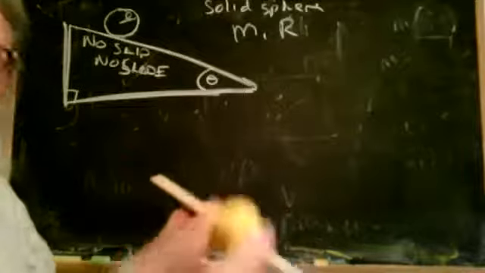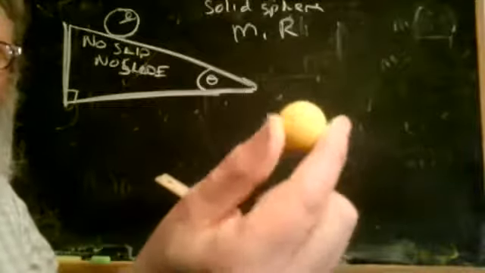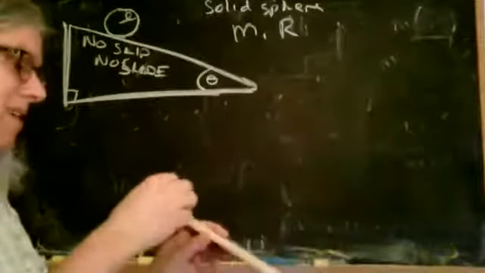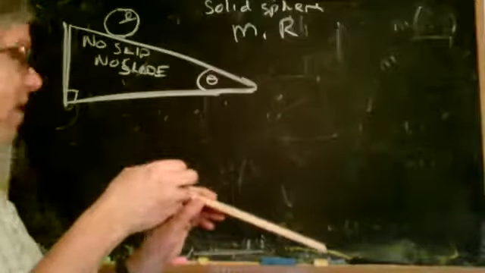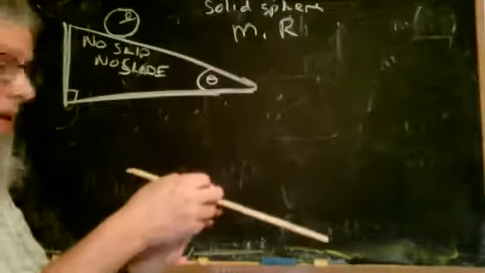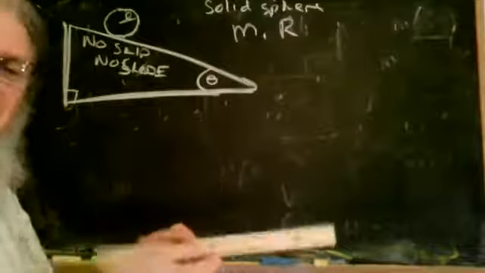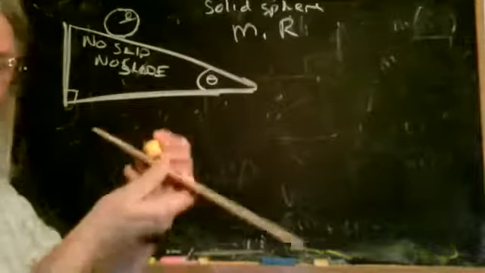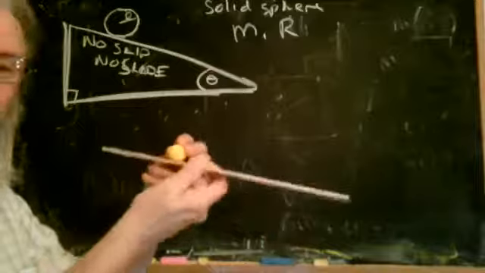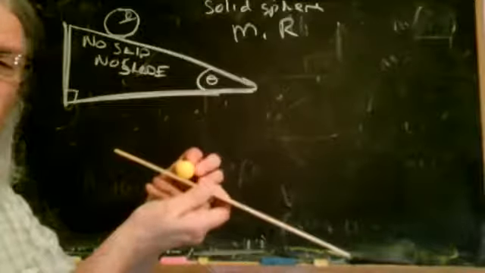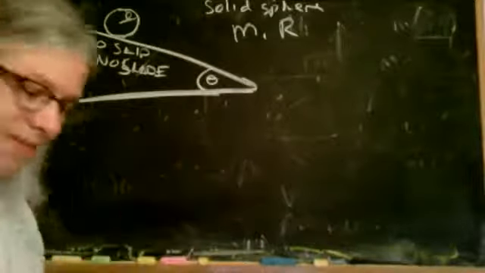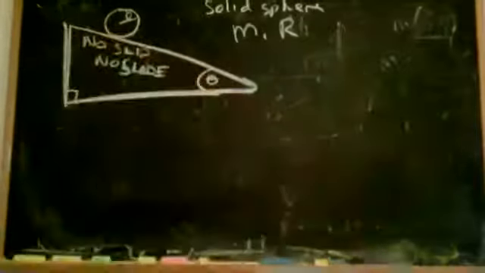And I have a little red, yellow squishy ball. And what I'm going to do is put the red squishy ball on the ramp. Let me hold it so you can see it. Okay. And I'm going to release the ball, and it's going to roll down. There it goes. I'll try it one more time just so we see.